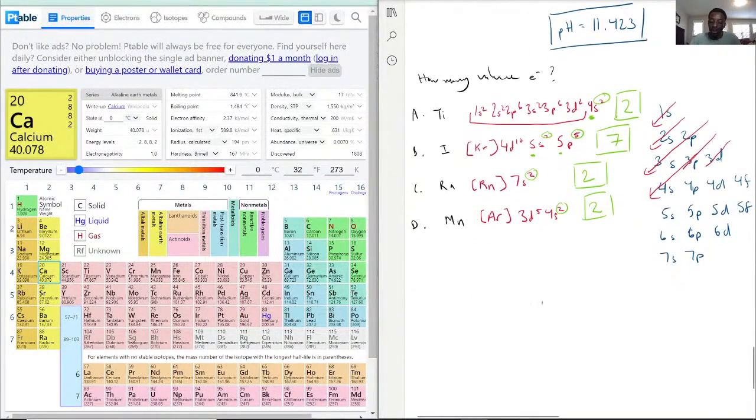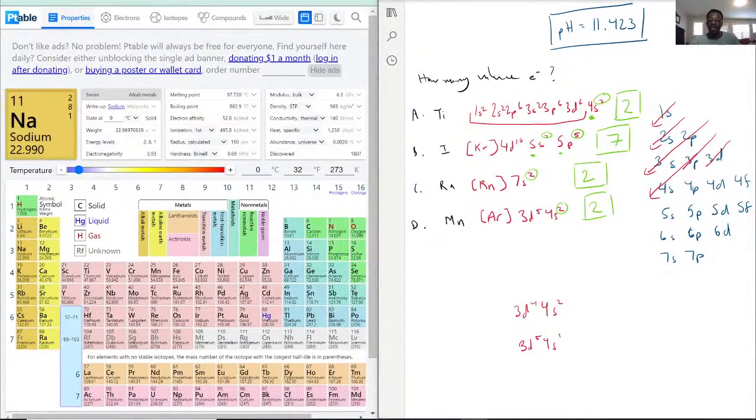So instead of chromium being 4s2 3d4, or if we rewrote that 3d4 4s2, it would be 3d5 4s1, because now its d orbital is half filled throughout, and it prefers that, and it doesn't take too much energy to just use that one electron from its s shell. So something like chromium would actually only have one valence electron. Just things to be looking out for in regards to this question.